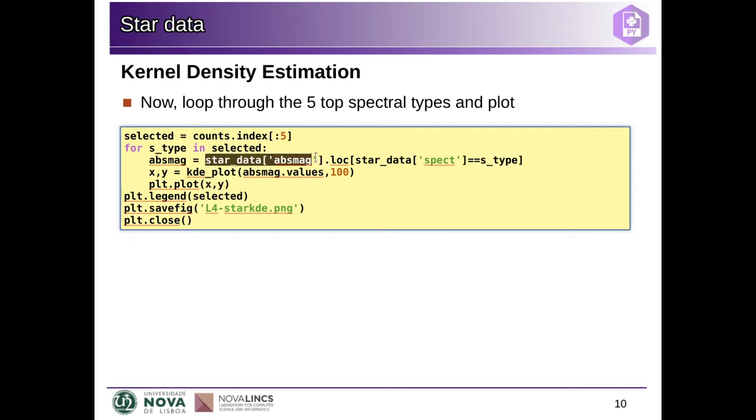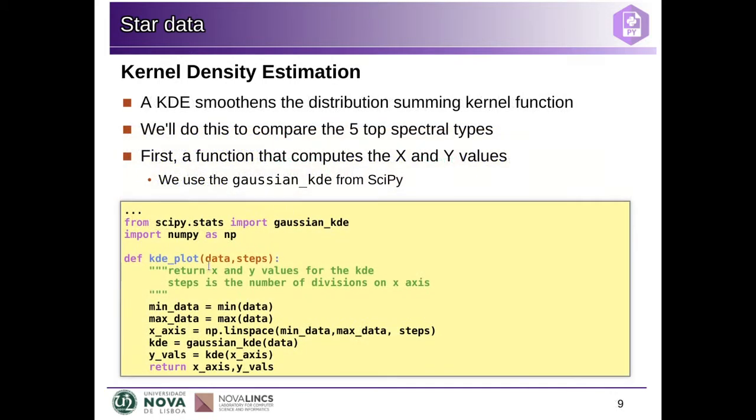So from our table, the column with the absolute magnitude, we want those values for which the spectral type is whatever we are measuring here. Now we send these values to our function that will compute the kernel density estimation.